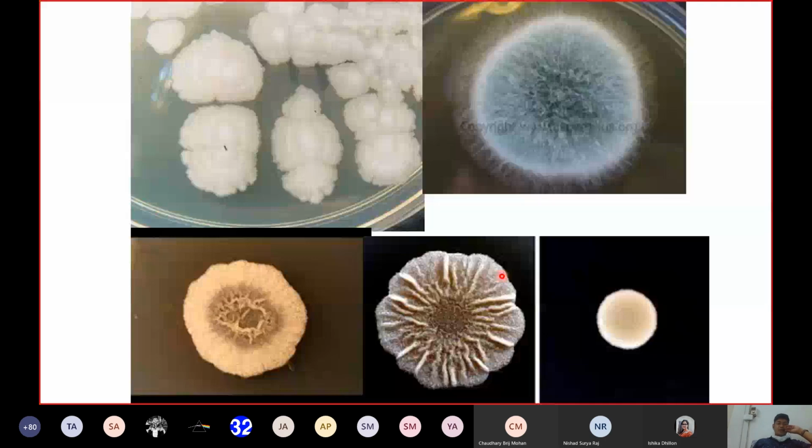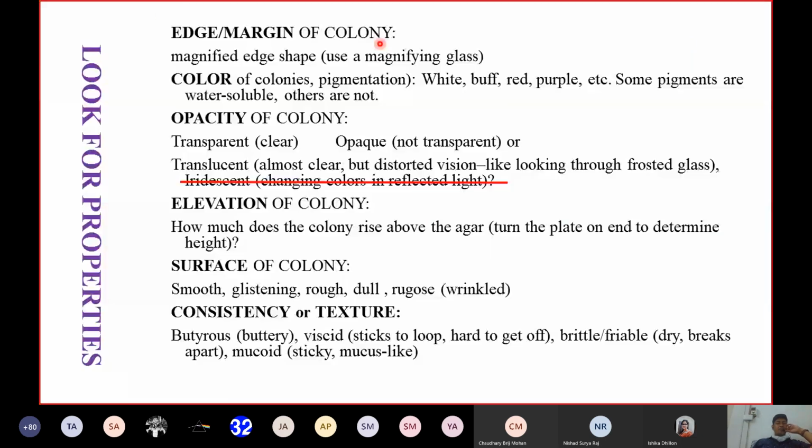This is just a summary of what we have discussed. First is the margin of the colony, which we can see by naked eye if it is a big colony, otherwise we need to use a magnifying glass. Color or pigment produced. Again, for pigment produced, we can see differences, whether they are water soluble or not.